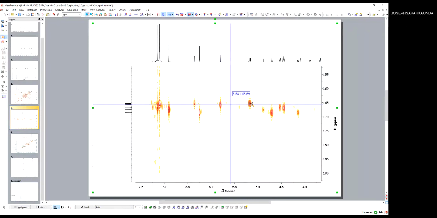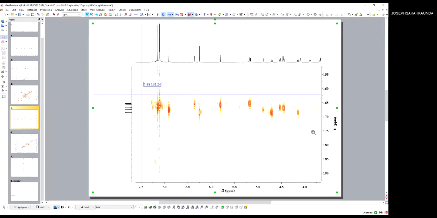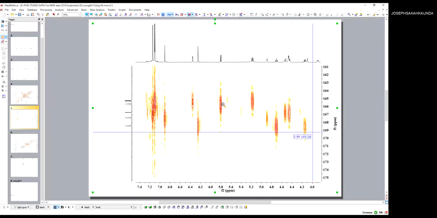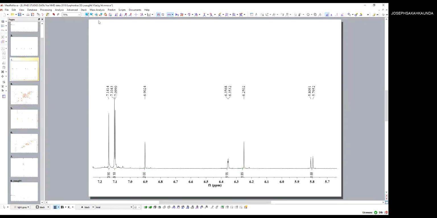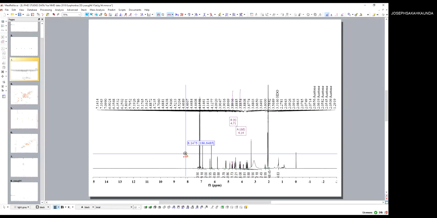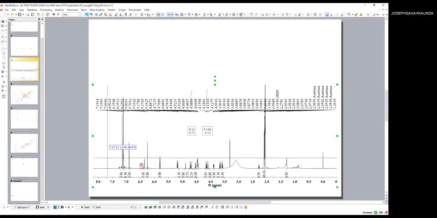This guy, but because of overlapping signals, we can expand again. Yes, so we can. This one, 7.08. And from the proton spectrum, we never discussed this, but usually when you have this, you can expand.